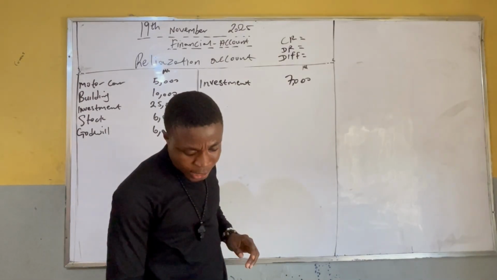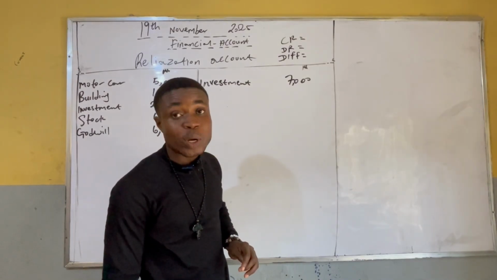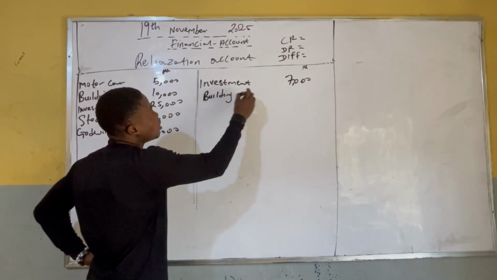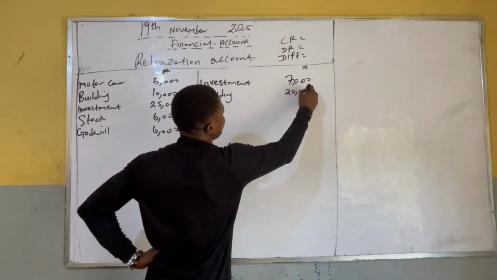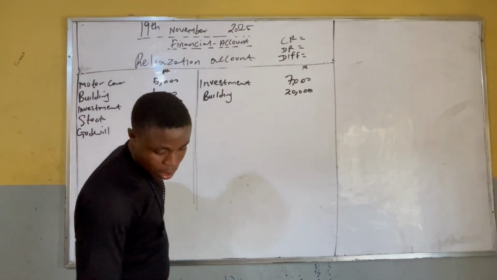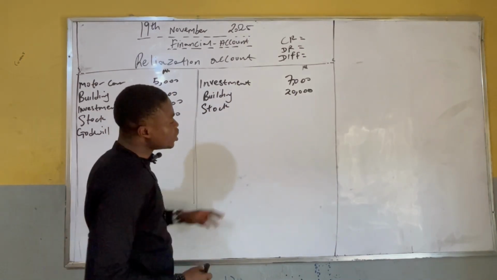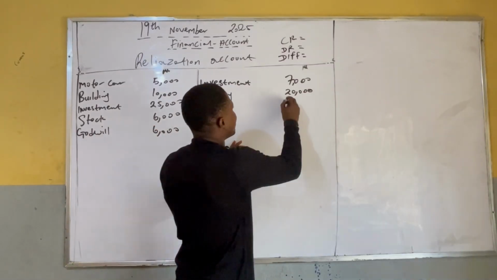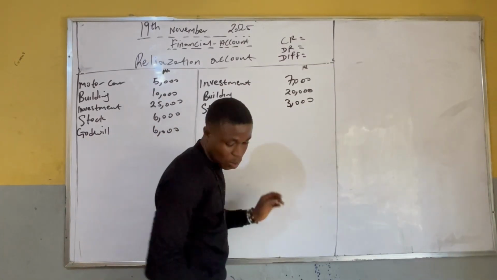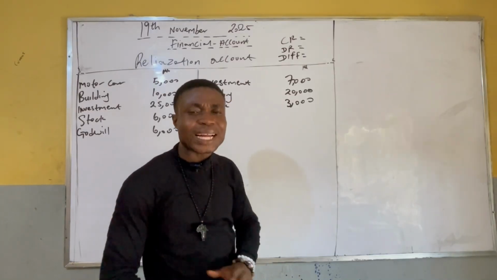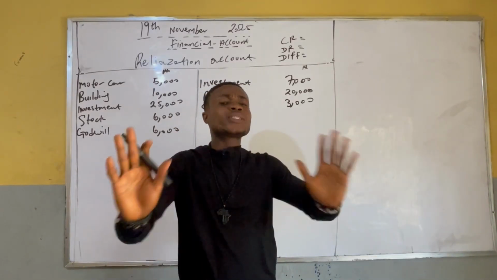Number 3. Buildings were realized at 20,000 naira. That is building, 20,000 naira. We have stock. How much is the stock? 3,000 naira. Okay, let's go to number 4. Creditors were settled in full. That is, we are not owing creditors again.